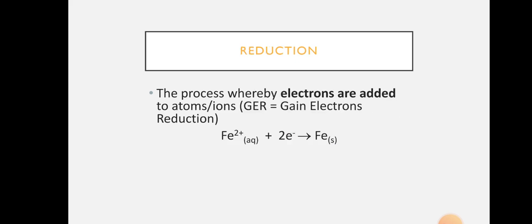Now, when you're looking at reduction, which is the other type of reaction, there is the acronym GER, which stands for gain electrons reduction. The opposite to oxidation is reduction. You're adding in electrons. And again, when I was in high school, I learned the acronym RIG, which stands for reduction involves gain.